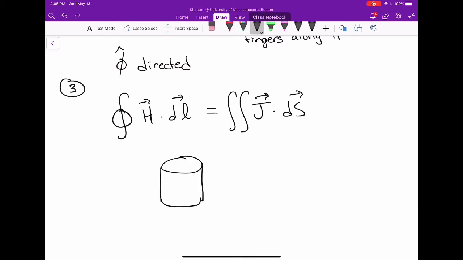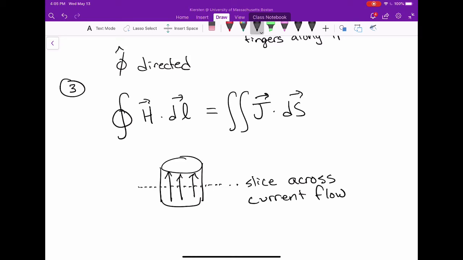This is more like we want to take a slice that is perpendicular to the direction of current flow, and then do these integrals in the cross section of the problem.